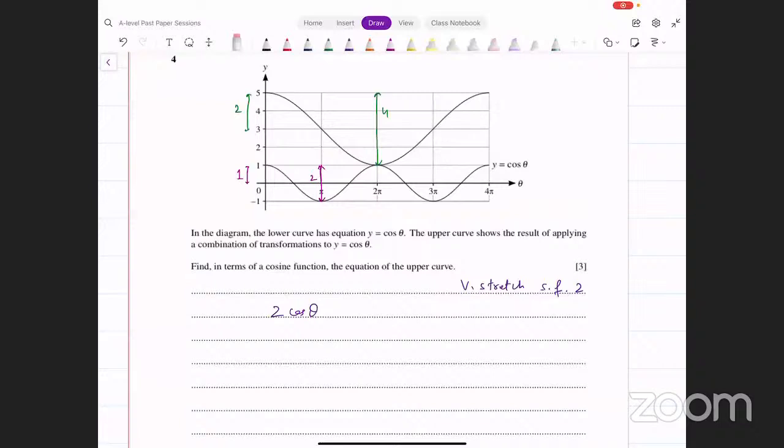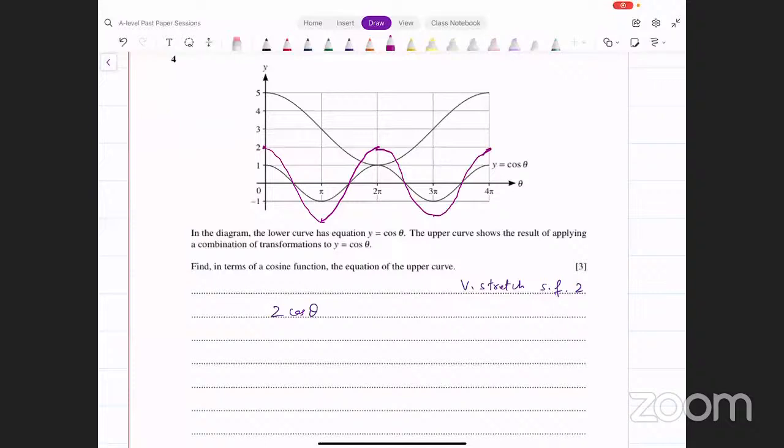After you've stretched the graph, आपका ग्राफ कहाँ पहुंच चुका होगा? ये इधर 2 पे चला जाएगा, ये 2 से स्टार्ट होएगा, जहां -1 पे था उधर -2 पे चला जाएगा और वापस इस तरह आ जाएगा. It's going to look something like this. स्ट्रेच करने के बाद अब ग्राफ कुछ इस तरह का लगेगा, ठीक है, इस साइड पर ऊपर और इसी तरह से राइट साइड के ऊपर. This is how your graph is going to look like after you have stretched the graph.